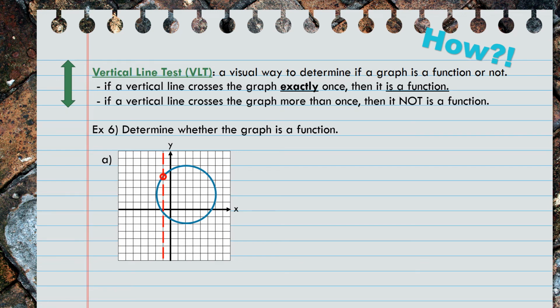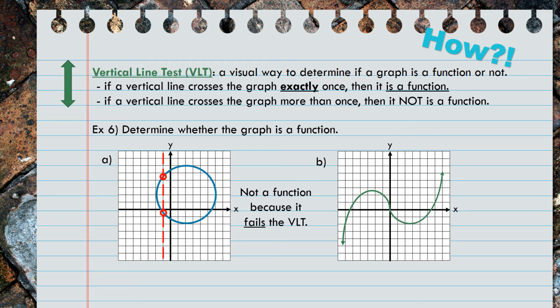Notice it crosses the graph once and twice. So now we go back and check the definitions. Does this cross the graph exactly one time? No. Does it cross the graph more than one time? Yes. So what does that mean? It means this is not a function because it fails the vertical line test.